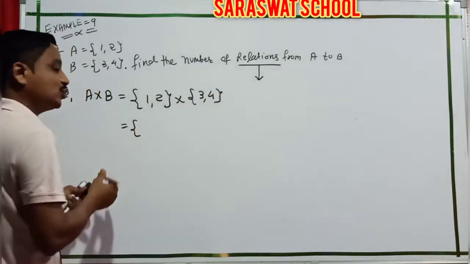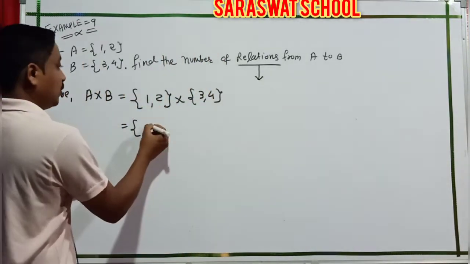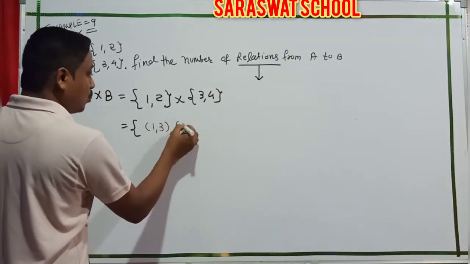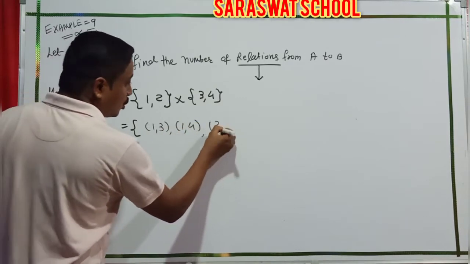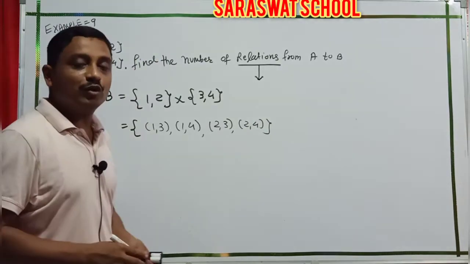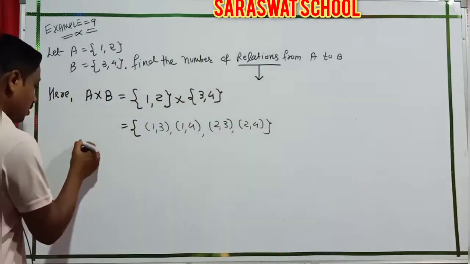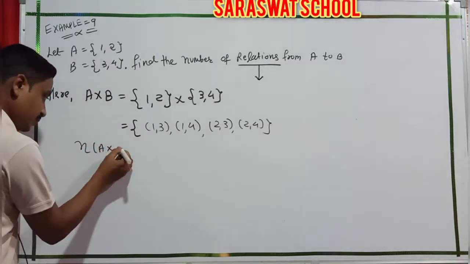You know both cross multiplications: (1,3), (1,4), (2,3) and (2,4). How many total elements? It is 4 elements. So the number of elements in A cross B is 4.